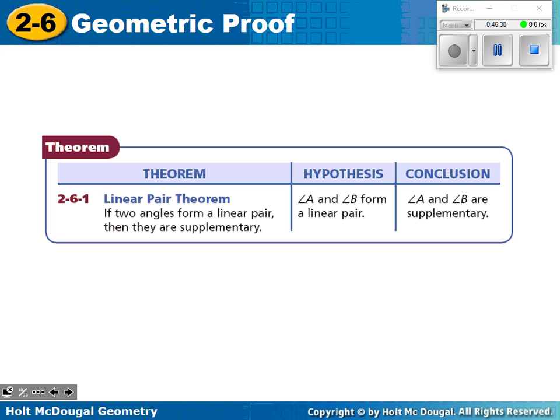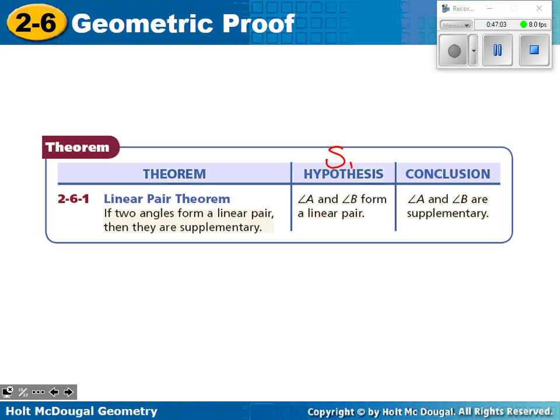Okay, so here is our linear pair theorem. This is the first time we've ever talked about it. We've talked about the idea of the linear pair theorem, but we've never said those words. Okay? So this is a new second theorem that you're learning for this course. Here's what the linear pair theorem says, and I love these charts because they're going to help you with your proofs, okay? So focus with me here. Notice this says hypothesis. That means that this could be one of your statements in your proof.